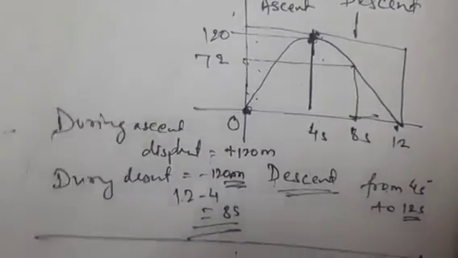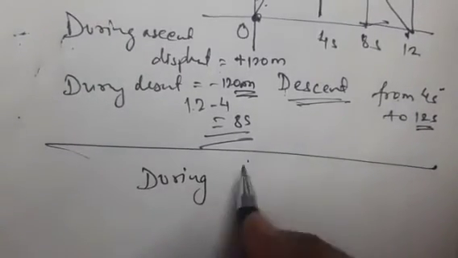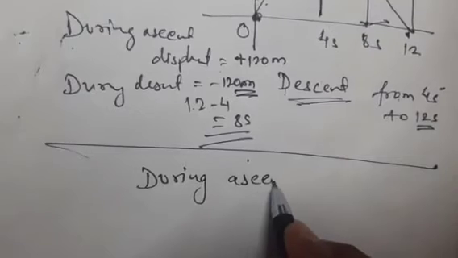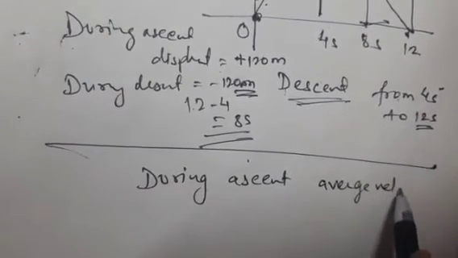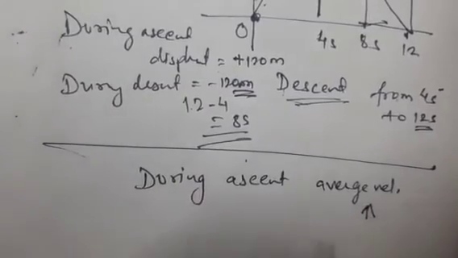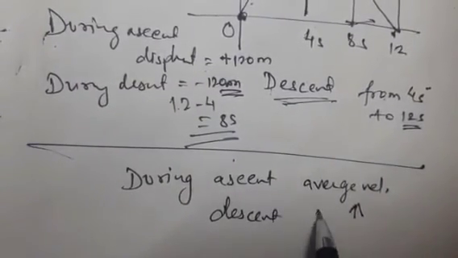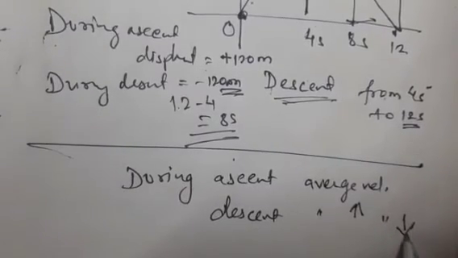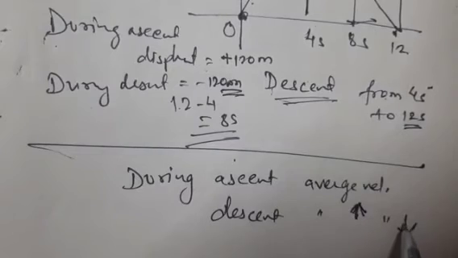So average velocity during ascent was upwards, and during descent, average velocity was downwards. We can easily classify: if we take upward as positive, then downward is negative.